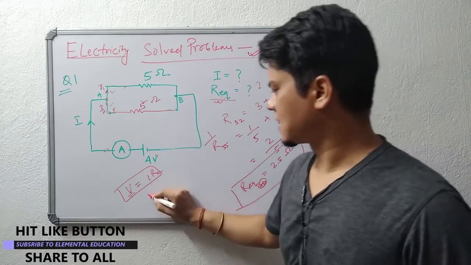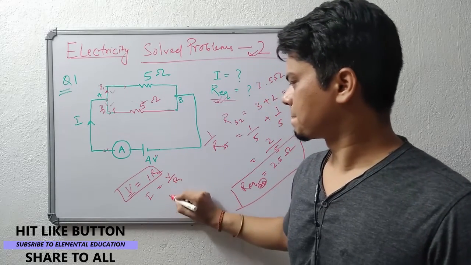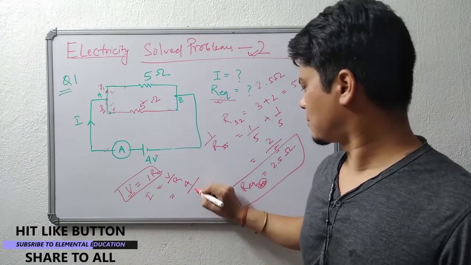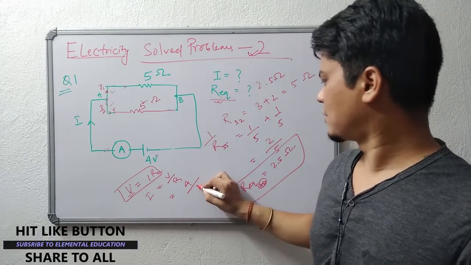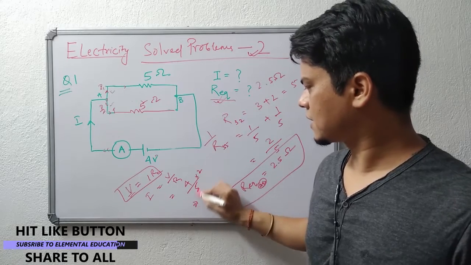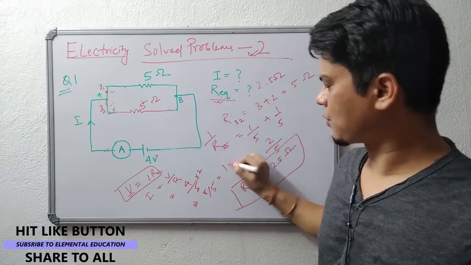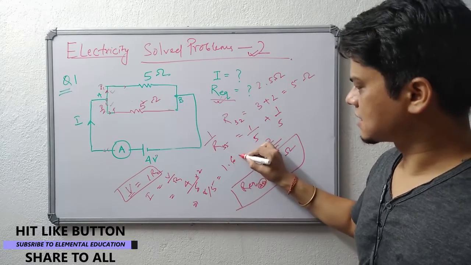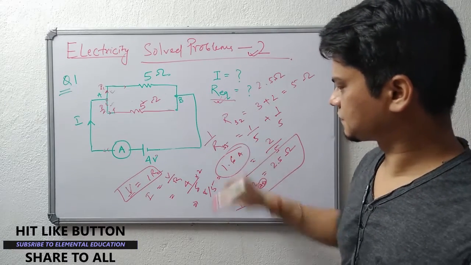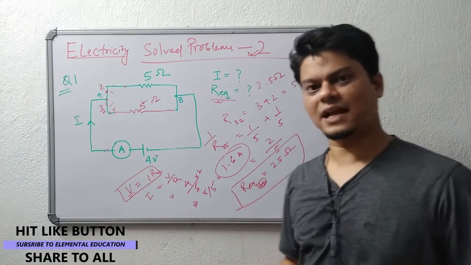That means current I is equal to V by R. That is 4 volt by 2.5, or 5 by 2, that is 8 by 5, 1.6 ampere. So 1.6 ampere is our answer.